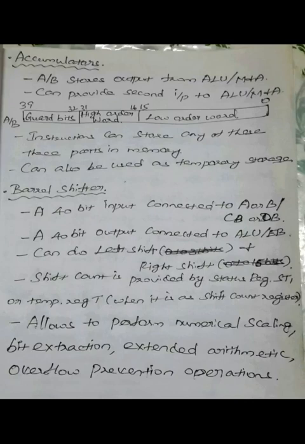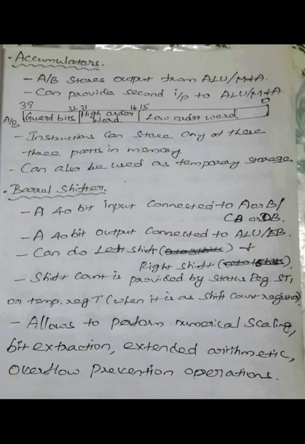Division by 2 is nothing but shifting the data 1 bit right. In the same way, multiplication by 4 is equivalent to shifting the data by 2 bits left. Division by 4 is equivalent to shifting the data by 2 bits right.